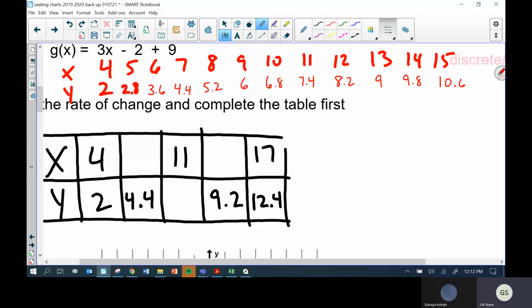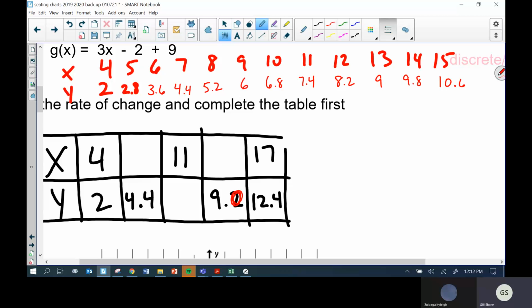I got 4.4. I got that plus 0.8 is 5.2, and then 6, and 6.8, and 7.4, 8.2. Yeah, I don't know, I messed up somewhere. But anyway, that's the way you would do it. So apparently that should have just been 9 even. Yeah, because then the next one would work.